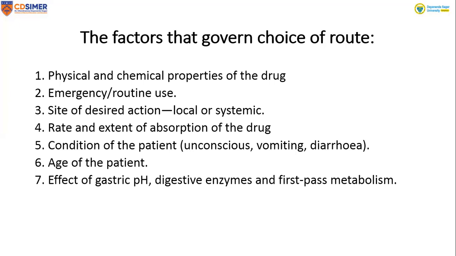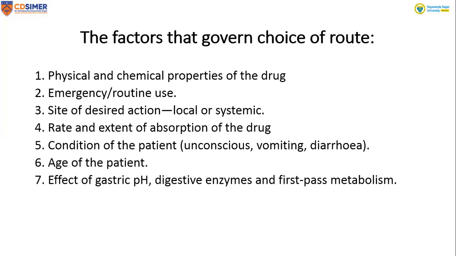It goes to the liver, and in the liver the drug will start getting metabolized. Even in the small intestine mucosa the drug can get metabolized. This is called first pass metabolism: whenever at the site of absorption or systemically, in the liver, the drug gets metabolized. Especially this happens when you give the drug orally.